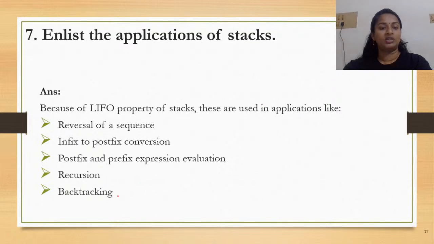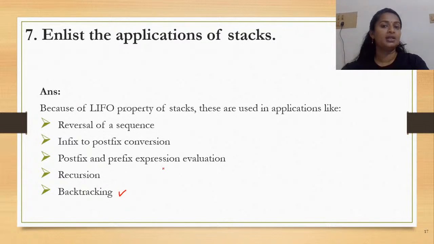Okay. Now what is next? And the last application is backtracking, right? Now what is backtracking? Backtracking is nothing but tracing back, or tracing a path in the reverse order. If you have to come back along a particular path in the reverse order, definitely you should be saving the links, or every detail about the path that you have visited.